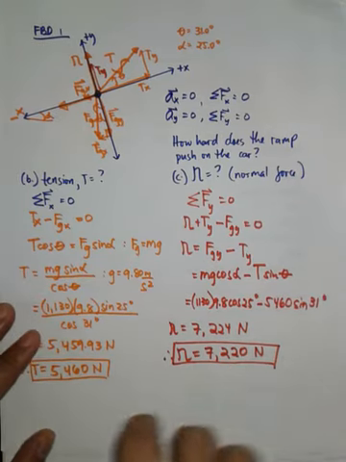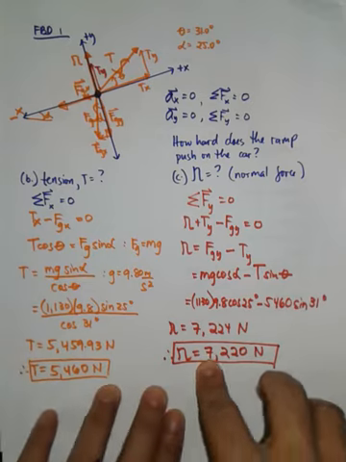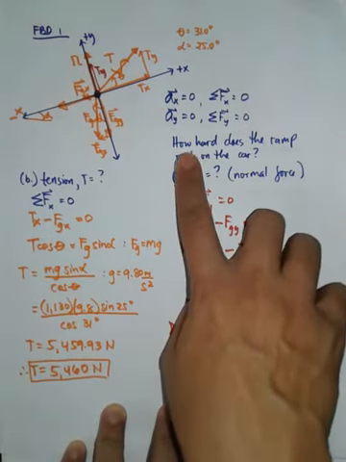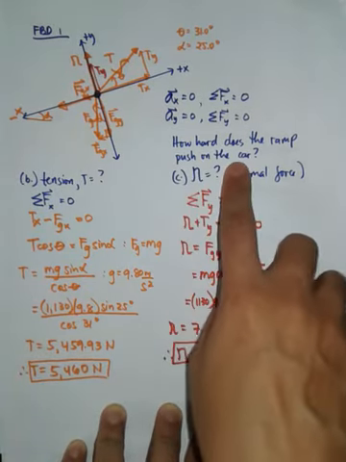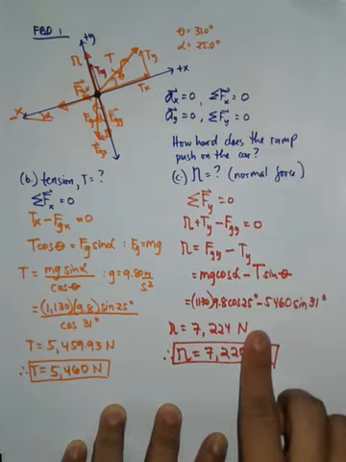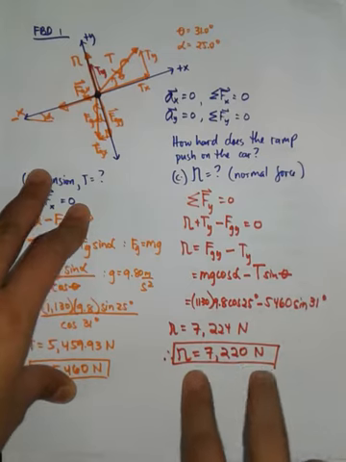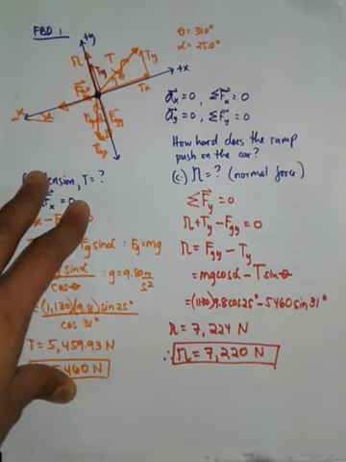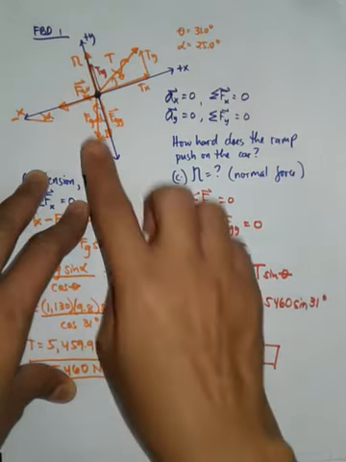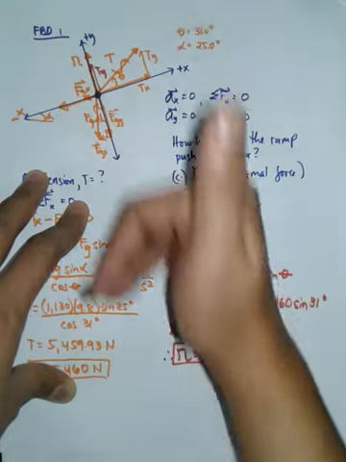Okay? Bakit normal force ang sinolve natin? Na ang question man sa C is, how hard does the ramp push on the car? Tama ba na normal force ang gisolve natin? Yes, kasi si normal force, mauning puwersa nga nagatulak sa car. Kasi pag wala yung ramp, mahulog siya, di ba?